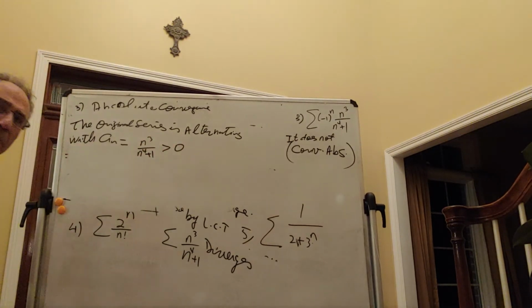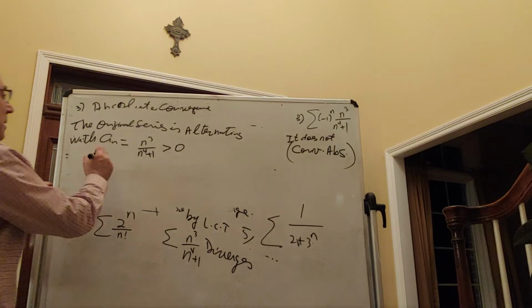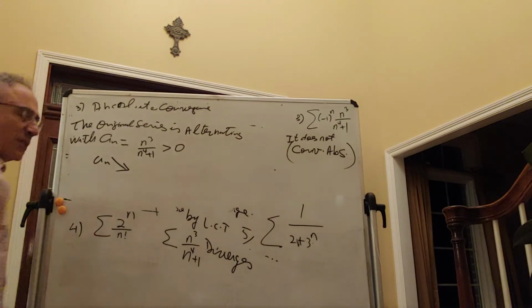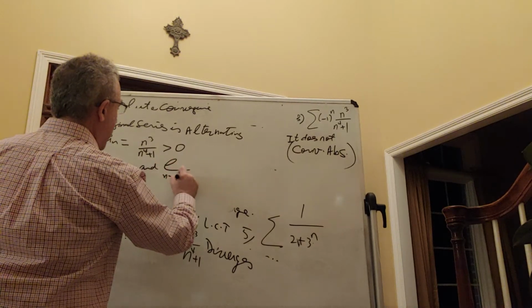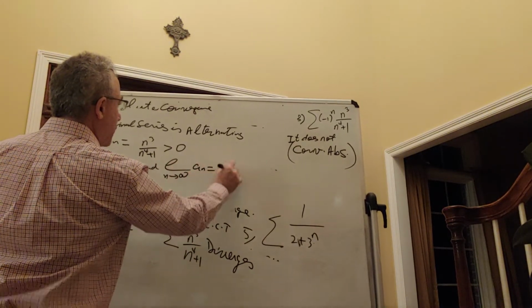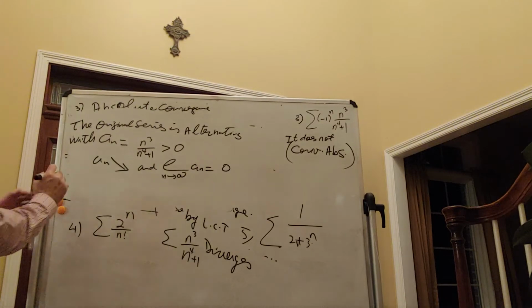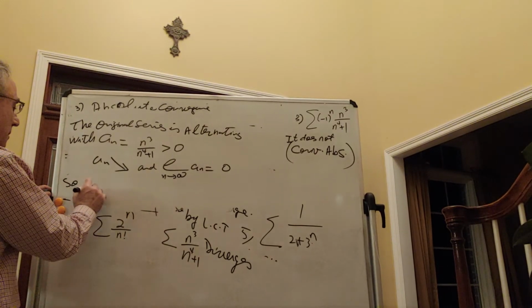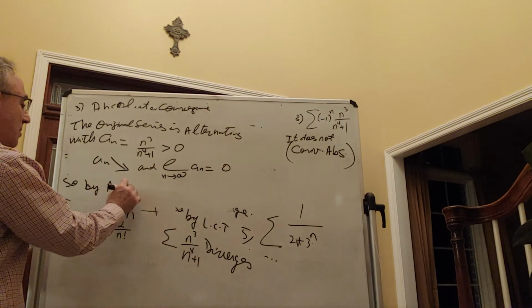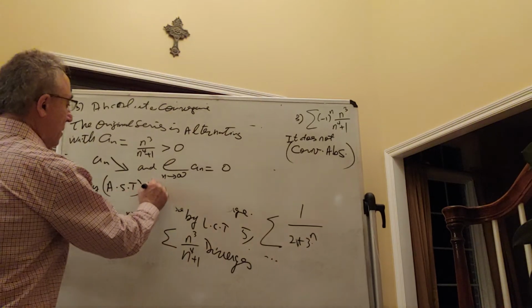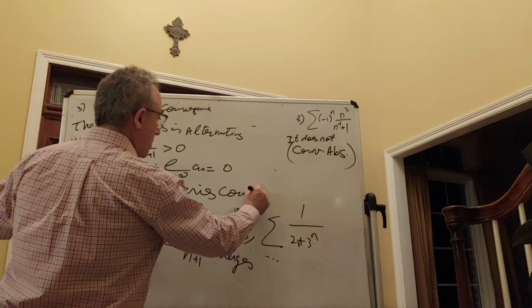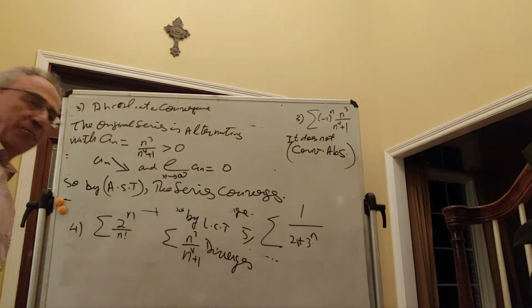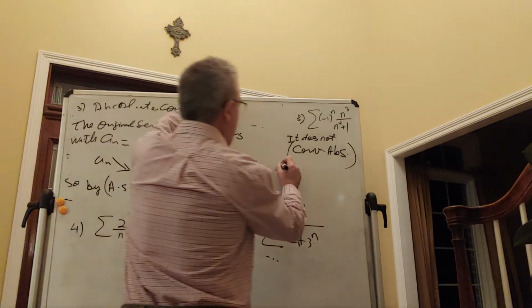They're bigger than 0. The an are decreasing, and the limit as n goes to infinity of an is 0. So by the alternating series test, this series converges.